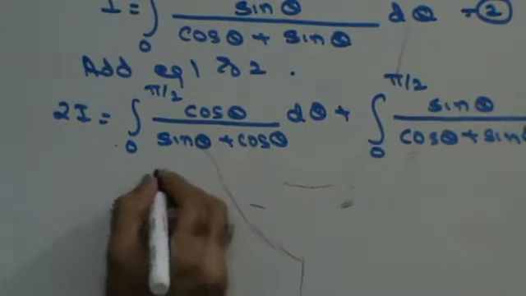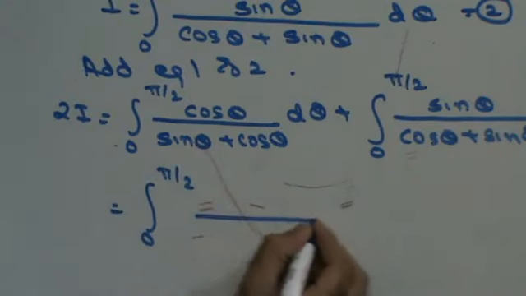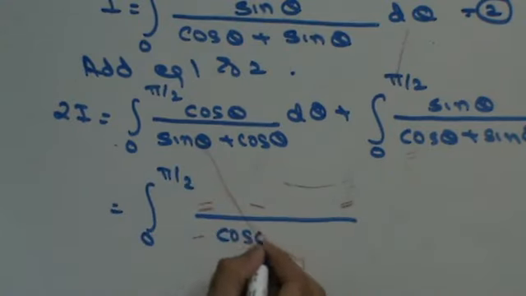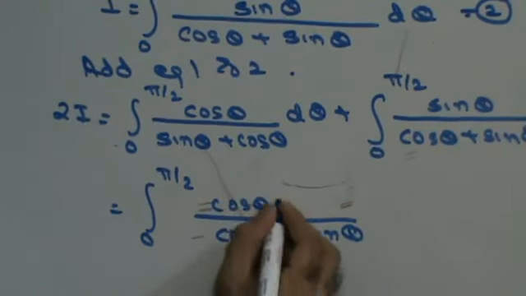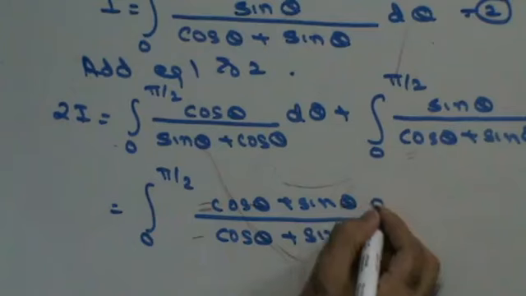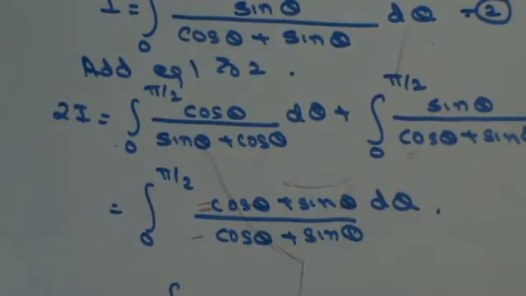This is 0 to pi by 2. I can take cos theta plus sin theta as the common denominator, in which case I'll get cos theta plus sin theta upon cos theta plus sin theta d theta, 0 to pi by 2 d theta.